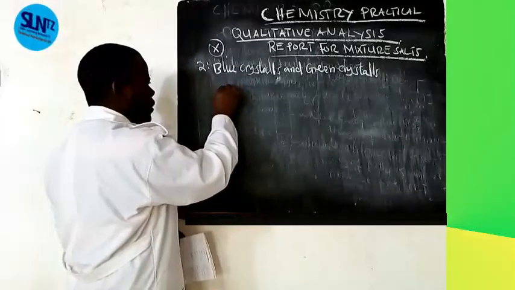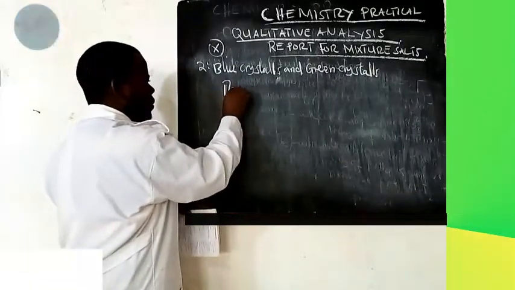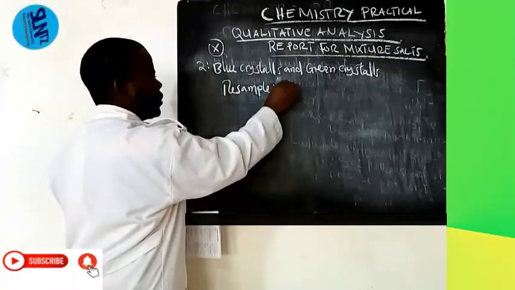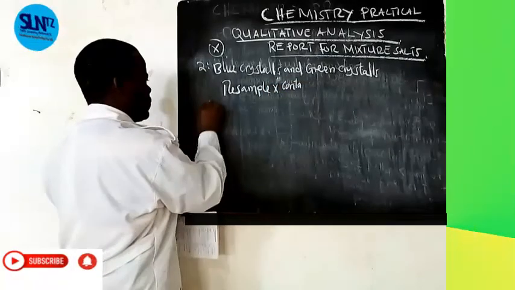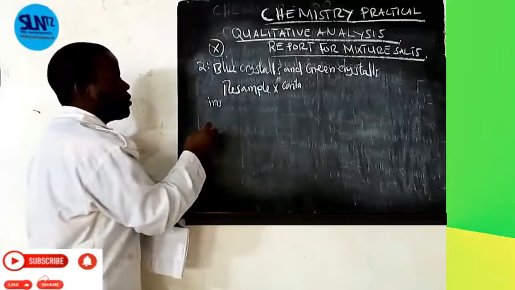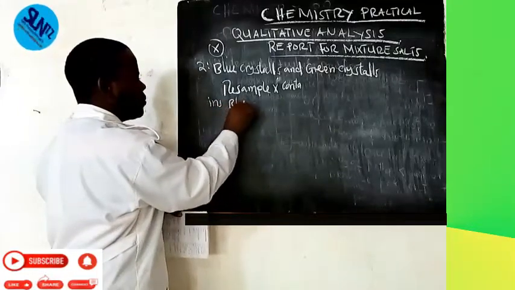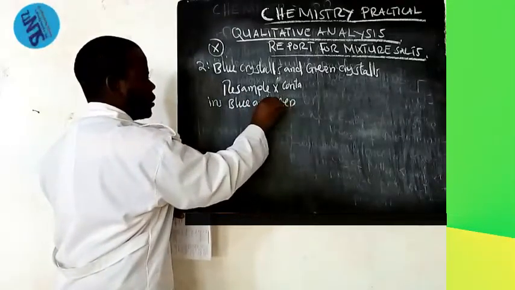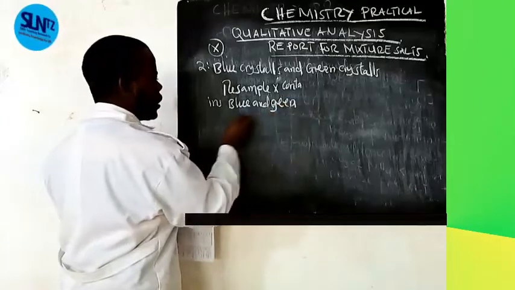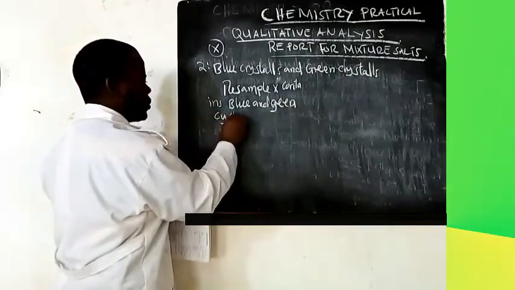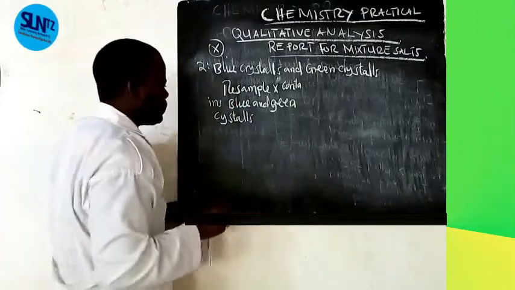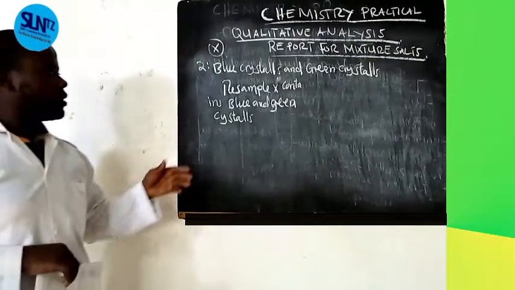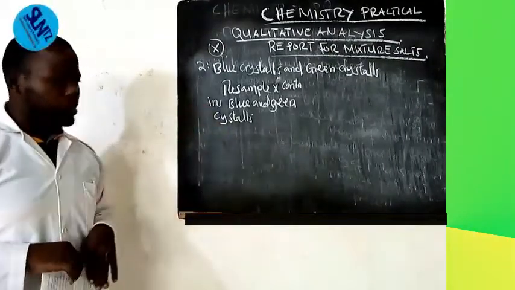Observation is you write: the sample X contains blue and the green crystals. You see, blue and the green crystals.